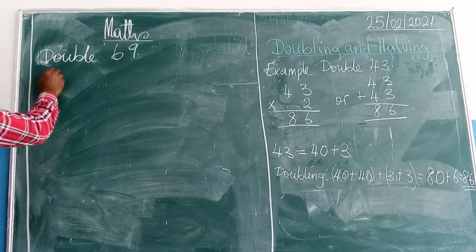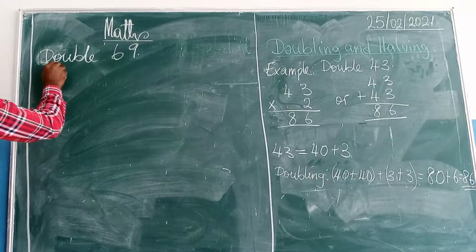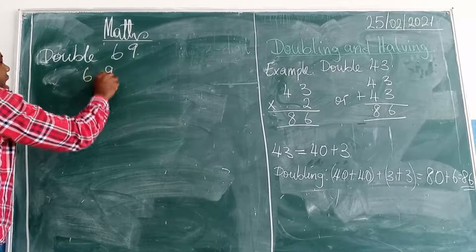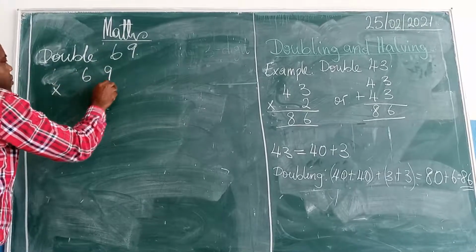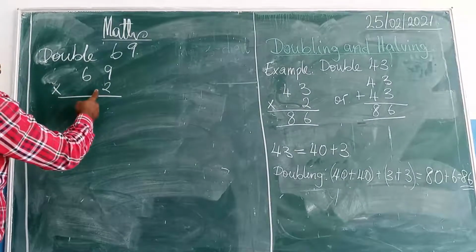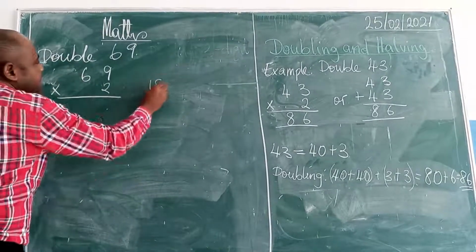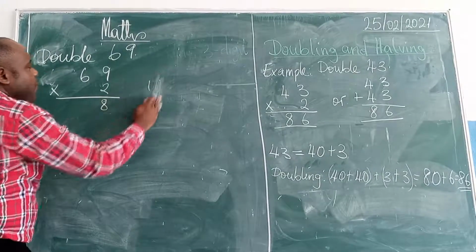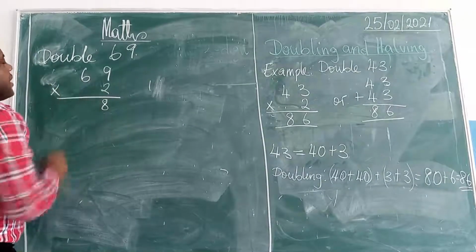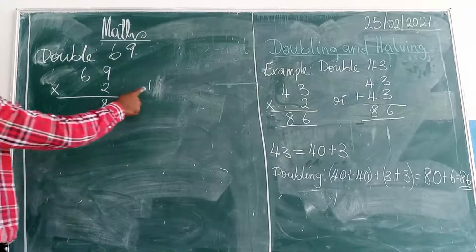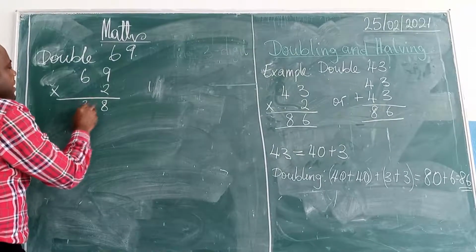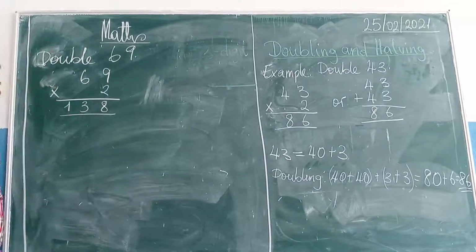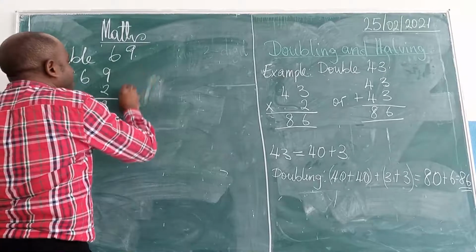We have 69 times 2. 2 times 9 is 18. So I write 8 and I reserve 1. 2 times 6 is 12 plus the 1 reserved is 13. So I write 3 and my 1 outside. My answer is 138.